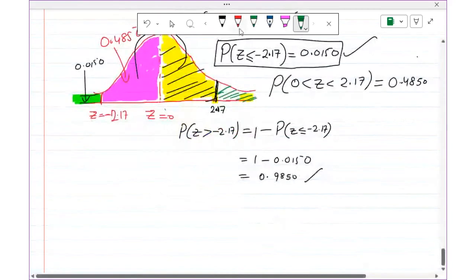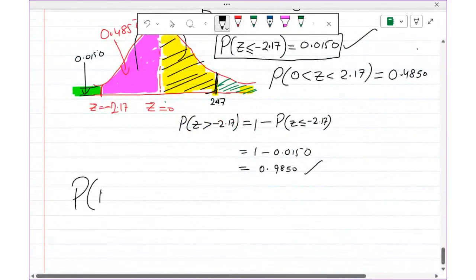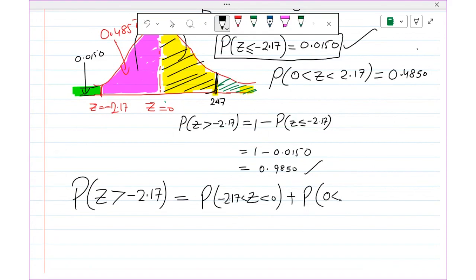Let me do this calculation here. What do we want to find? We want to find the area that is on the right side of minus 2.17. So that area will be the pink color area, between minus 2.17 and 0, plus the area between 0 and infinity, or you can say just greater than 0.